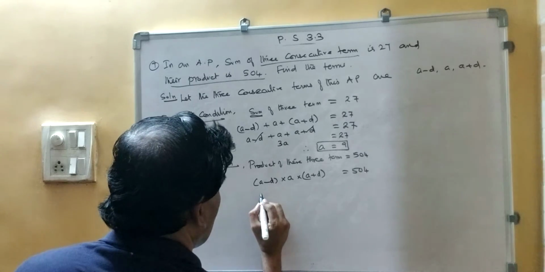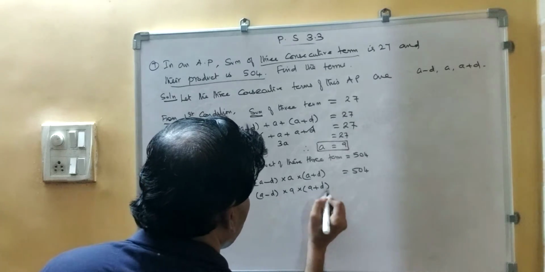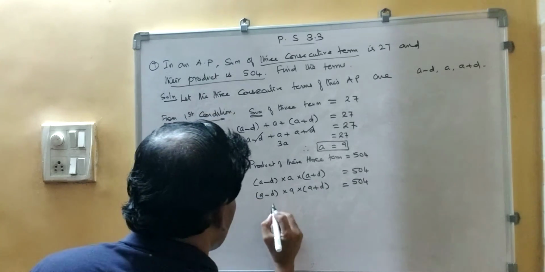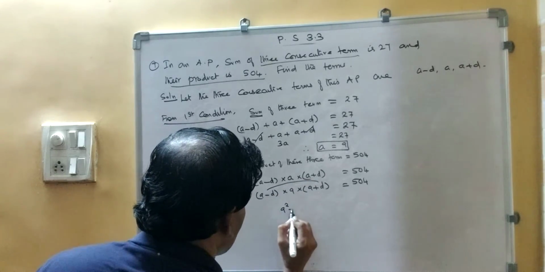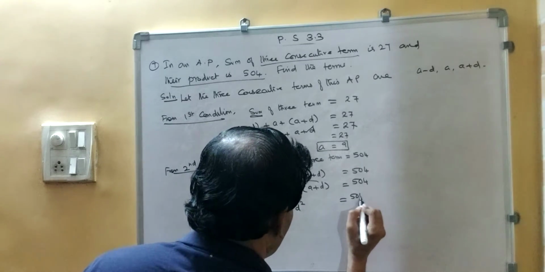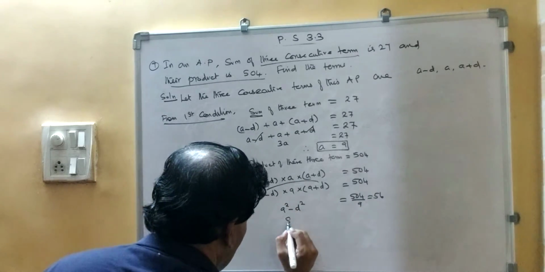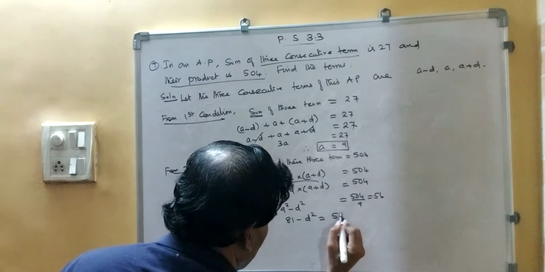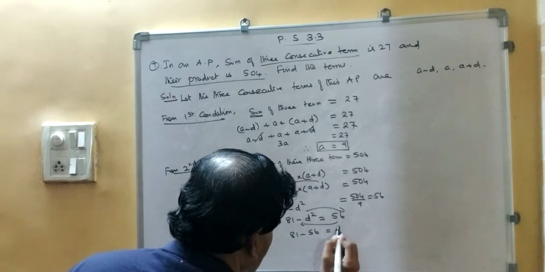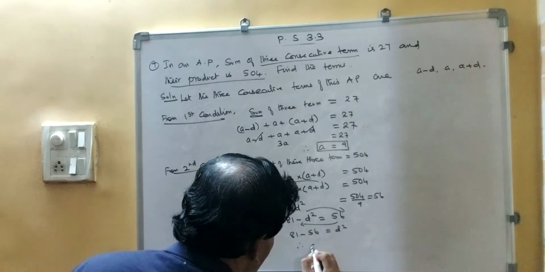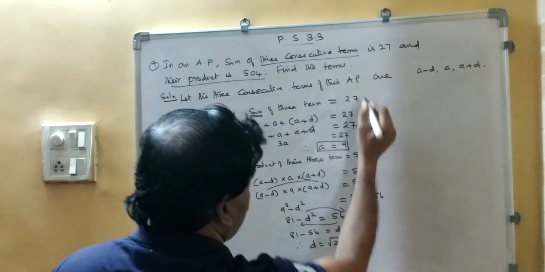Now we will substitute the value of A. 9 minus D, 9 plus D is equal to 504. So 9 minus D into 9 plus D, A minus B into A plus B, 9 square minus D square equal to 504 upon 9, which is equal to 56. So 9 nines are 81 minus D square equal to 56. We take it this side. So 81 minus 56 equal to D square. Therefore D equal to square root of 25 equal to plus or minus 5.